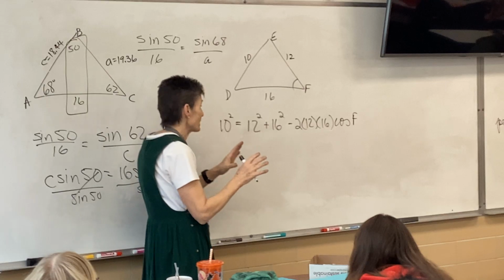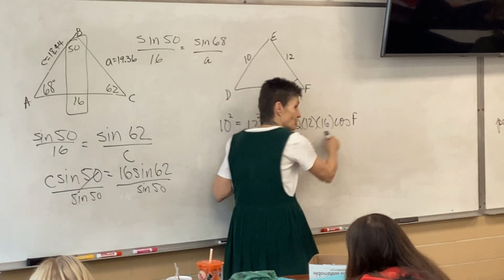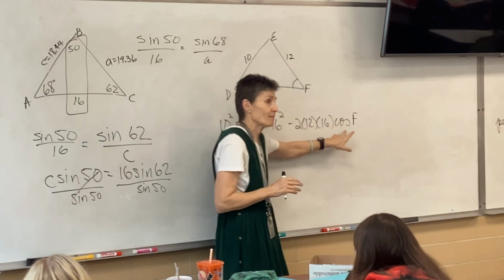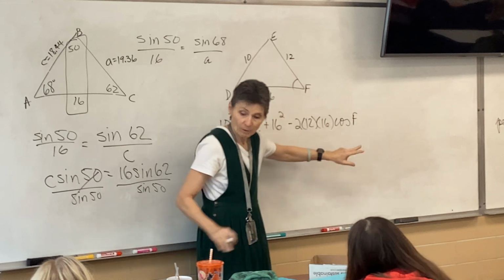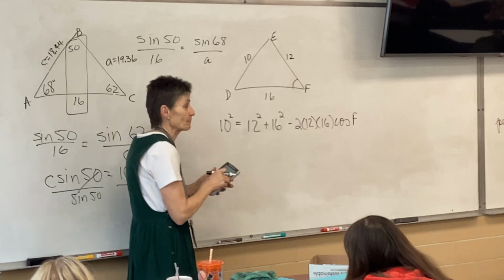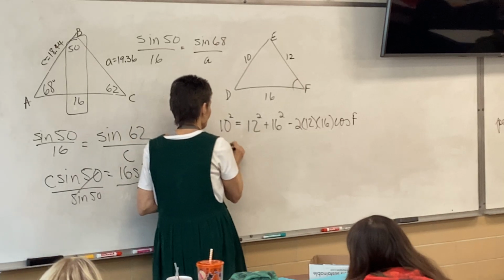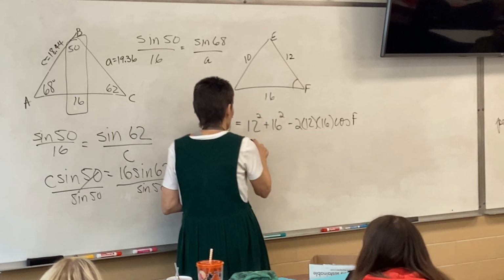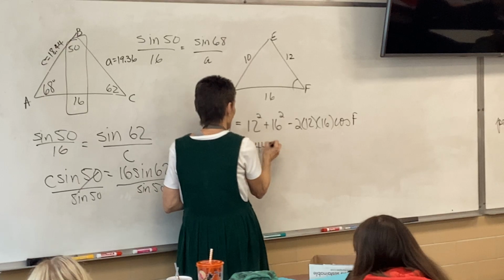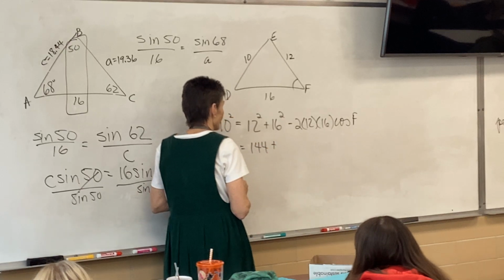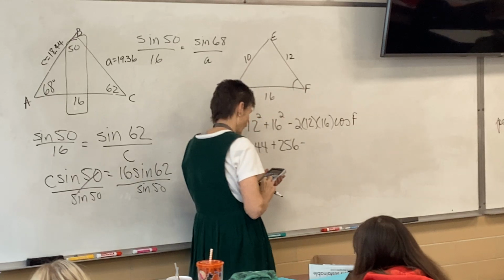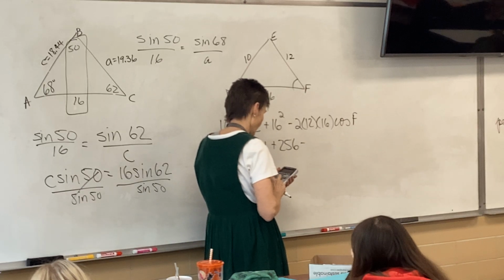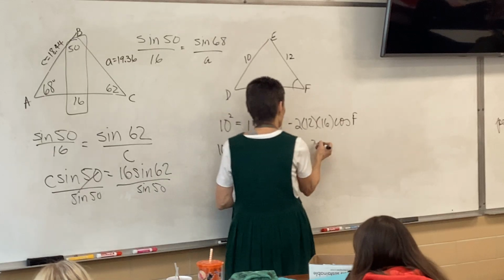With some law of cosines problems, we can type the whole thing straight in, but because you have a variable hanging out here on the end, you can't do that. So remember how we did this in pieces? So we have 100 equal to 144 plus 256, minus 2 times 12 times 16, which is 384.